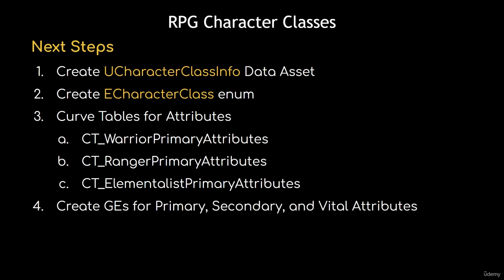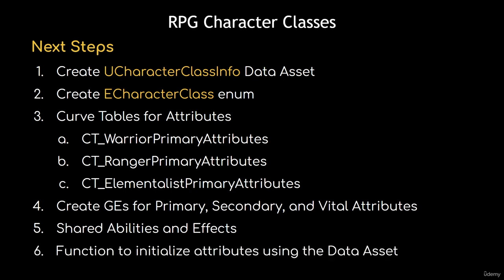Now, we need gameplay effects to apply the primary, secondary, and vital attributes for our enemies. We also need an array of abilities that all enemies will share, and an array of shared effects as well. And we'll also have arrays of abilities that are unique to each enemy. These will be empty for now.